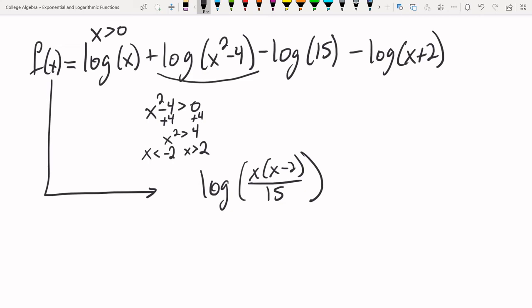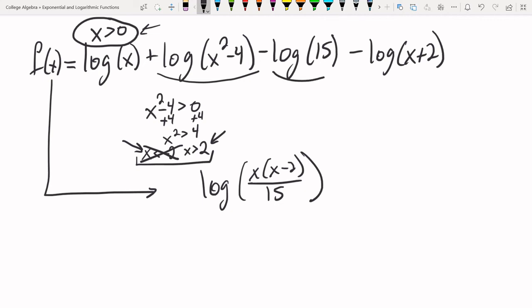So we have these two statements that we have to consider. However, x is greater than 0, and this one says x is less than negative 2. That one must be excluded because we have this stipulation saying x greater than 0. And so now we have x must be greater than 2. That's the new most restrictive domain.